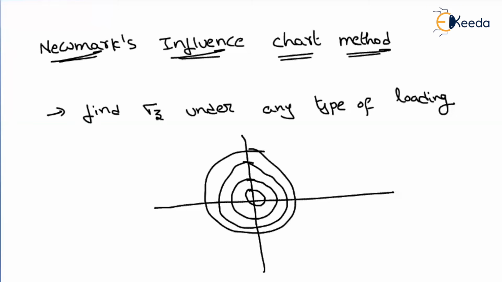After that, I will draw radial lines also like this. Each part is called a sector or an area unit. This Newmark's influence circle has to be drawn.